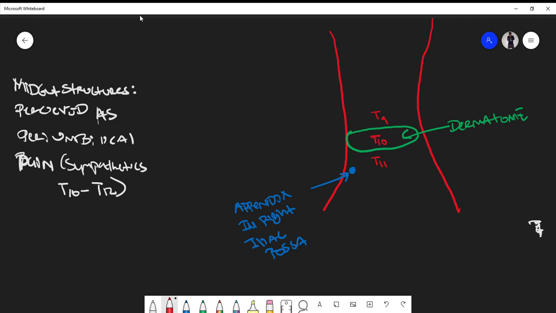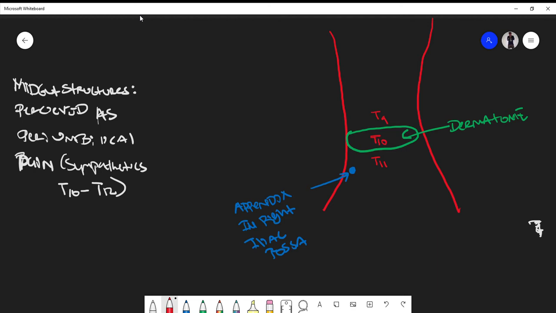Now, from the previous video, we learned that the midgut structures perceive periumbilical pain, so pain around the umbilicus, from sympathetics traveling from T10 to T12.